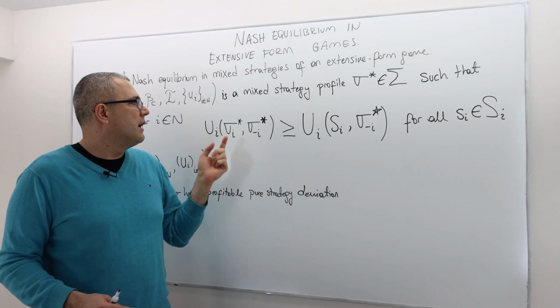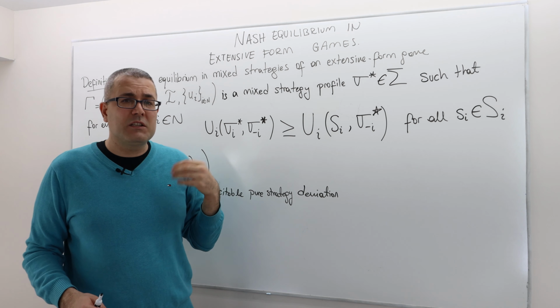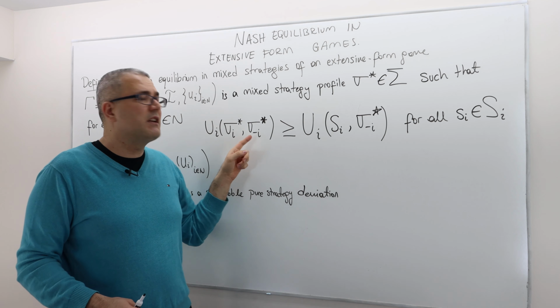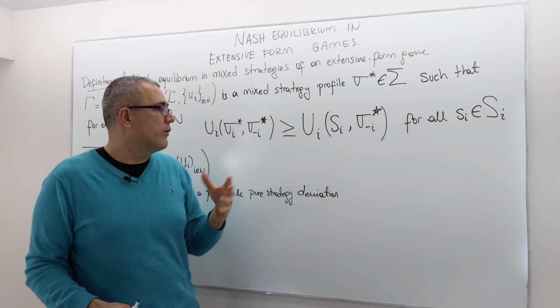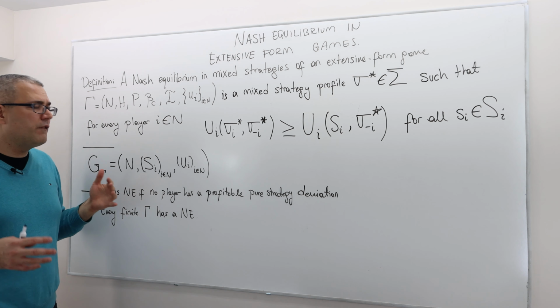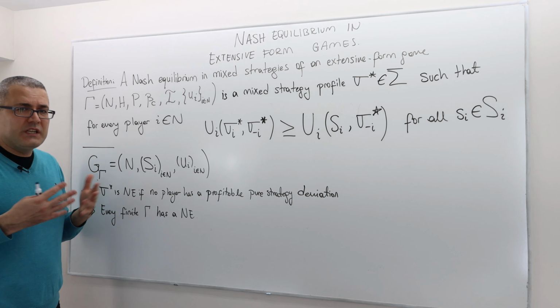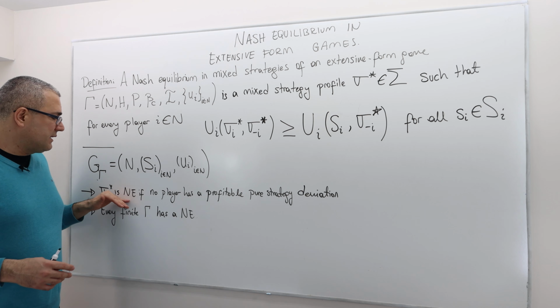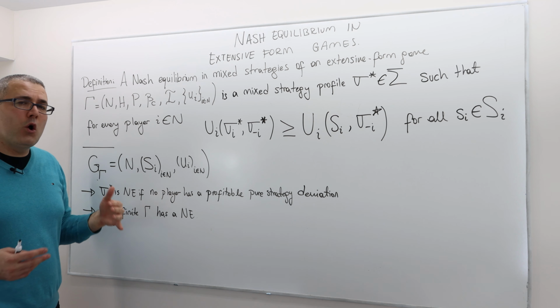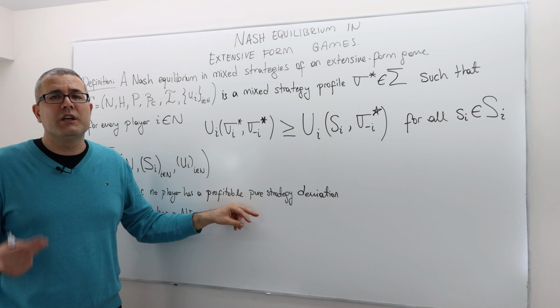So put differently, sigma i star must be a best response to sigma minus i star. Or put differently, sigma star is a Nash equilibrium if no player has an incentive to deviate, or if no player has a profitable deviation to a pure strategy.